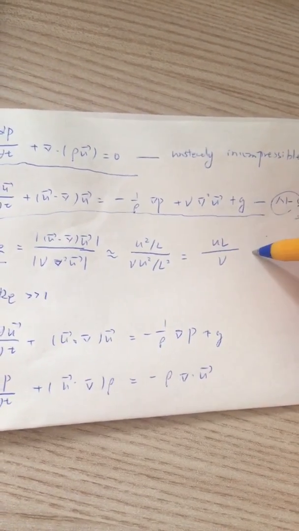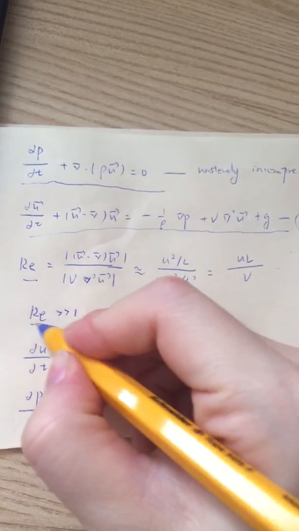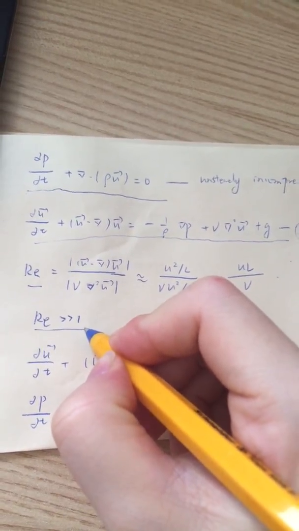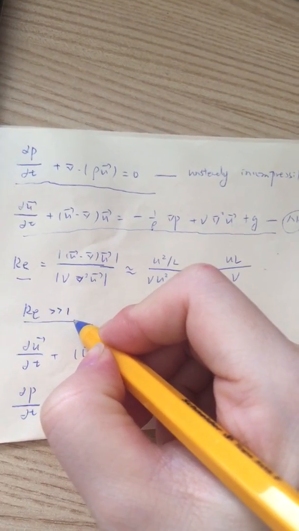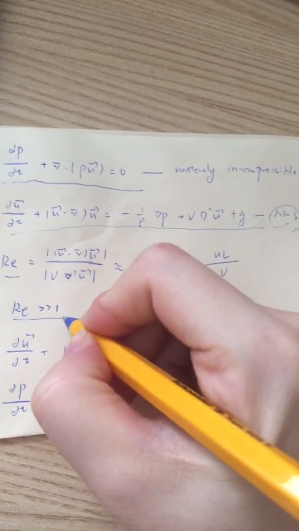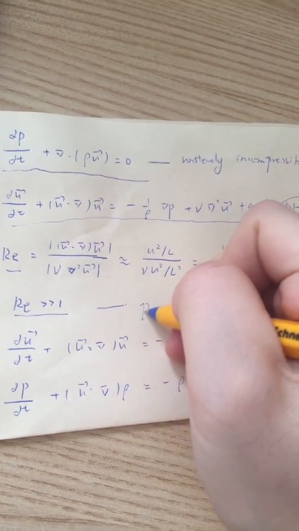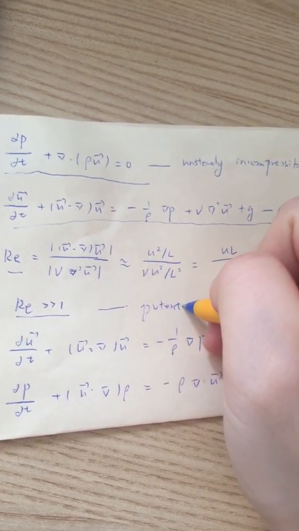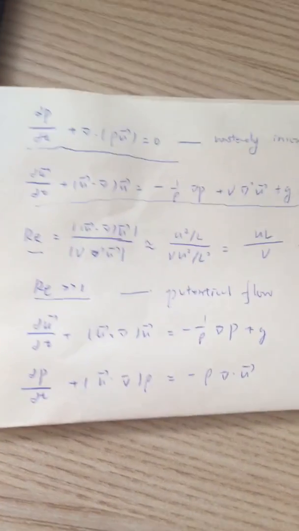For a higher Reynolds number, if it is higher than 1, the effect of the viscous force on the flow behaviors can be neglected. So now we would say that the flow, we could call it the potential flow.